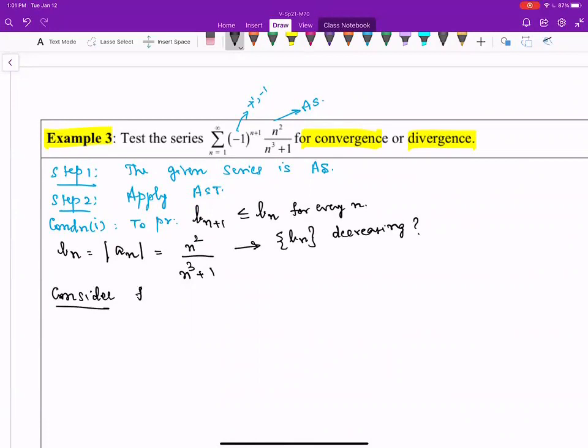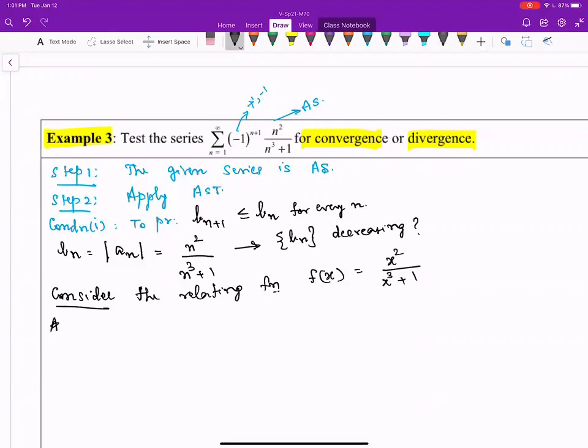Consider the relating function f of x equal to x square over x cube plus 1. Always when you do the relating function, change the n to x. So is this function decreasing is the question.